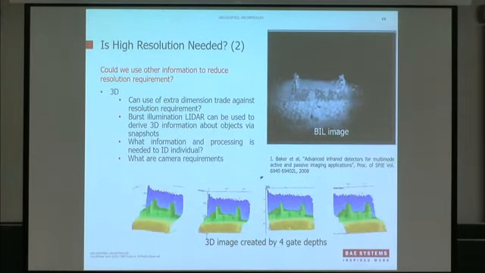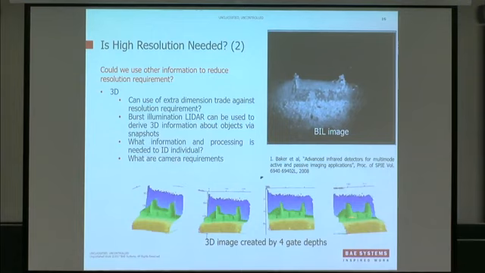And can you use a third dimension? This is effectively a laser flash photo, but you can time when your shutter is open to get the light coming back. I would argue that in that image there, I can just about see what it is because I know what I'm looking for, but it's quite indistinct. But if you time that gate at different depths, you actually start to see it's a cottage with the roof missing.